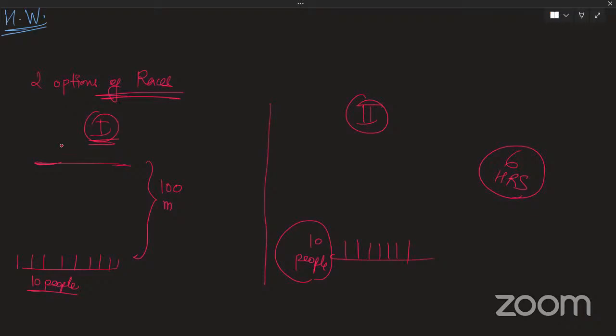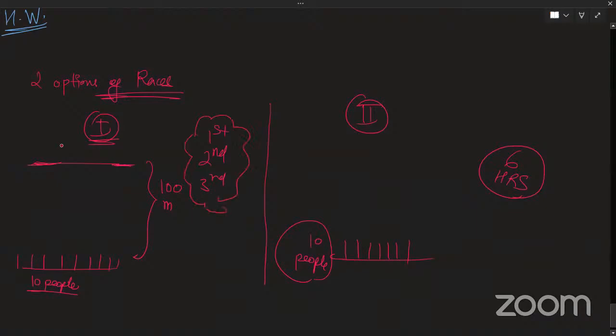Tell me. See, in this one the race is fixed at 100 meters, and two people can score the same. Two people can come first, or second, or third easily here. But here that is not possible.